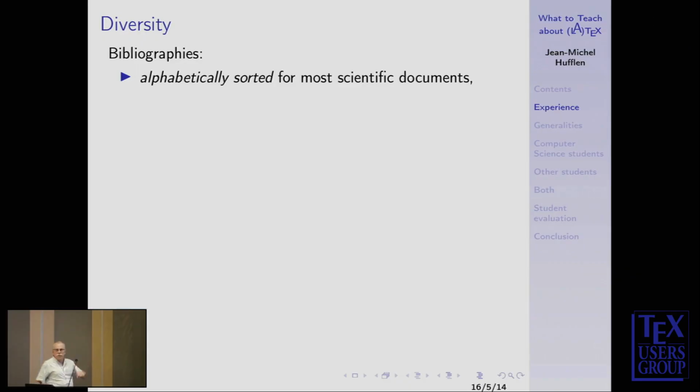So, about bibliography. Maybe you think that in France, things are standardized. No, no. Look there. For most scientific documents, the bibliography is sorted alphabetically. References might be labeled by numbers or alphabetic keys, but the bibliography itself is alphabetically sorted.